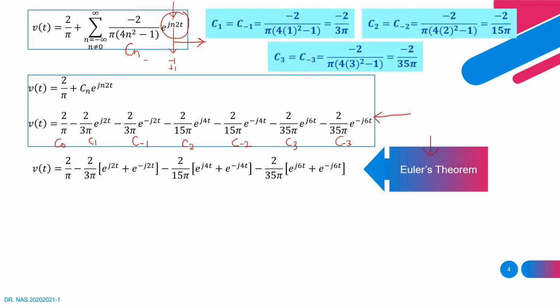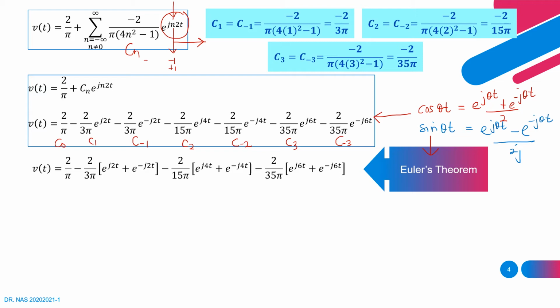Remember Euler's theorem: cos theta t equals e to the j theta t plus e to the minus j theta t, divided by 2. But for a sine function, sine theta t equals e to the j theta t minus e to the minus j theta t, divided by 2j. This is derived from Euler's theorem.